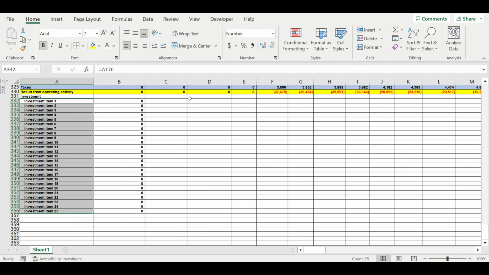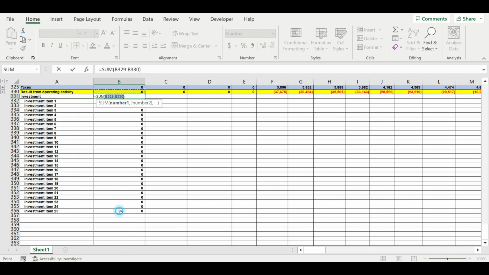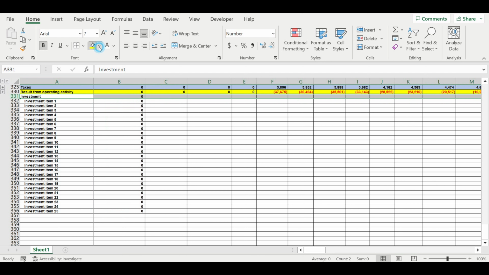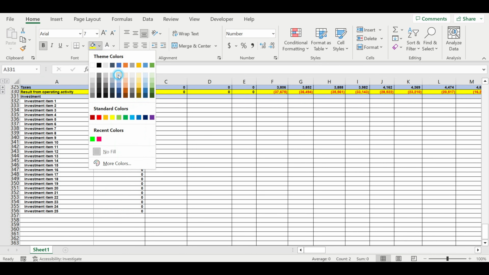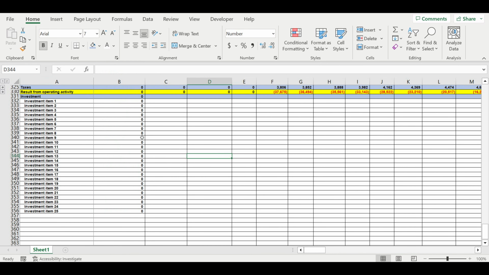Then we create totals. These are the totals for investment. Then I will be extrapolating these formulas to the right.